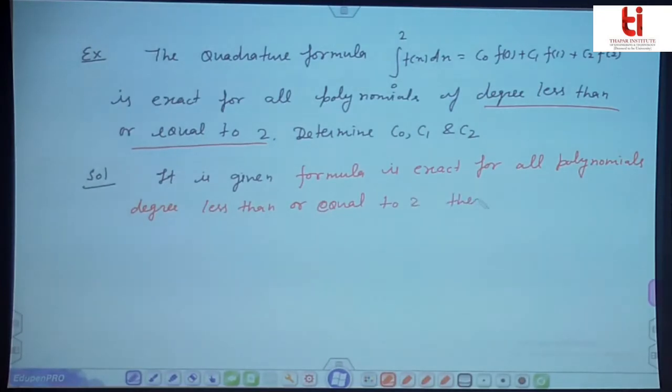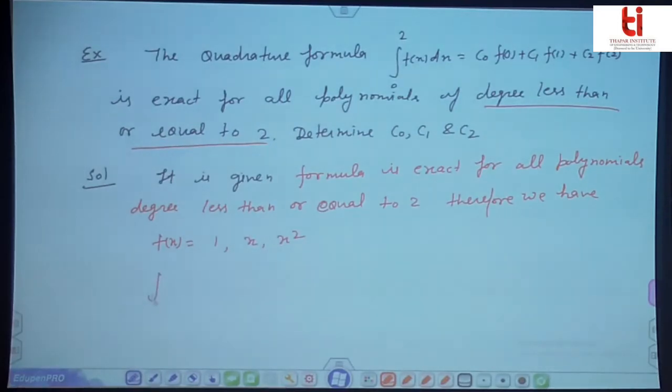Therefore we have f(x) equal to what? 1, x, x square. So f(x) can take a constant value, a 1st degree polynomial and a 2nd degree polynomial, and then compute the integration value.